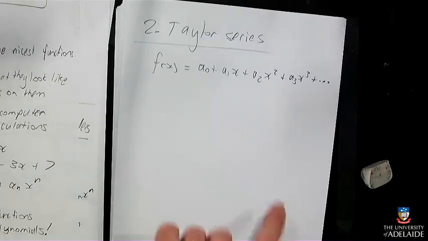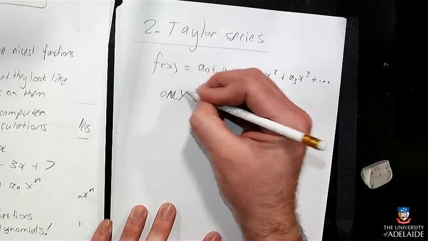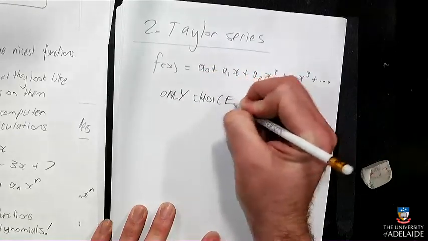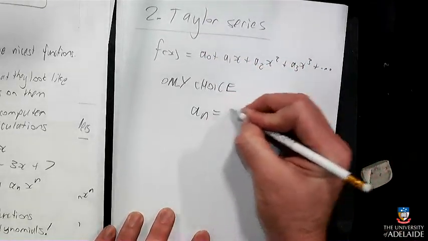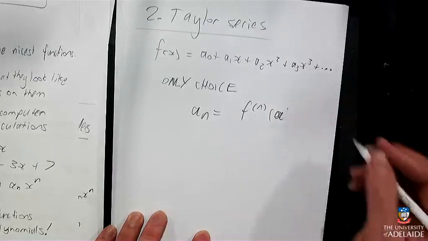If you want it to be equal to an infinite polynomial, there is only one choice. It's not like there's a best choice. There's actually only one, and nothing else works. And the only choice you can make is that a_n is the nth derivative of f at, in this case, 0.